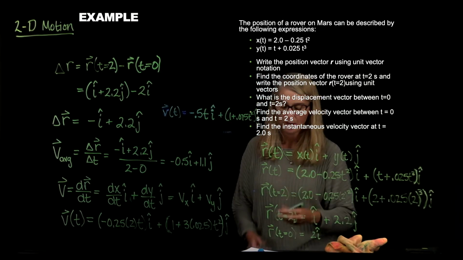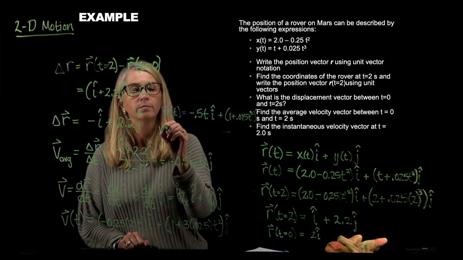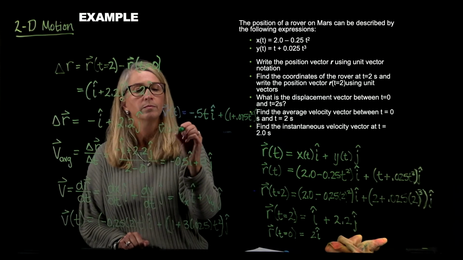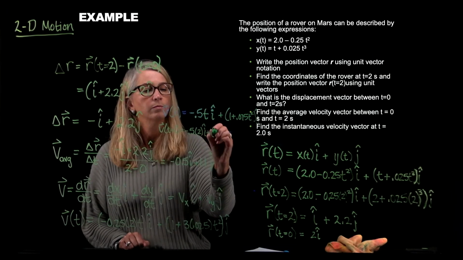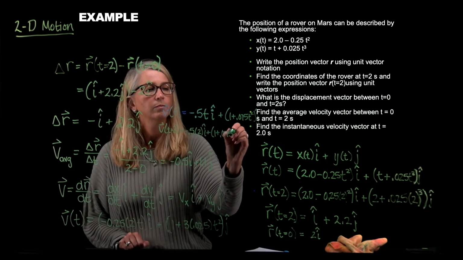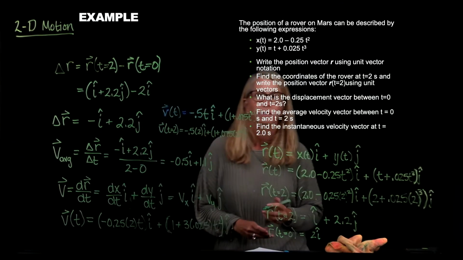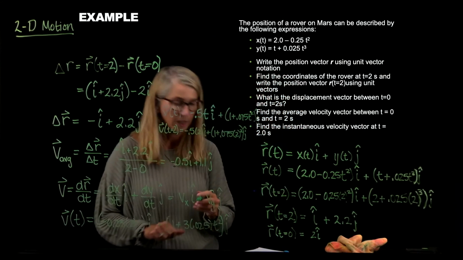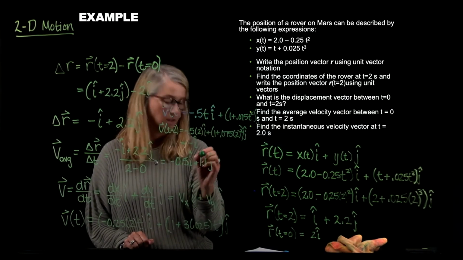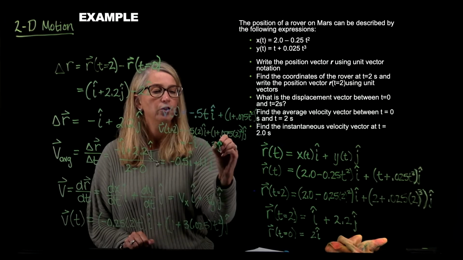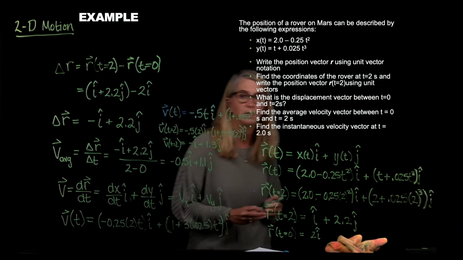If I let time equal 2, substitute in for that, and my end result is going to be minus i plus 1.3j as my velocity vector for velocity at t equals 2.